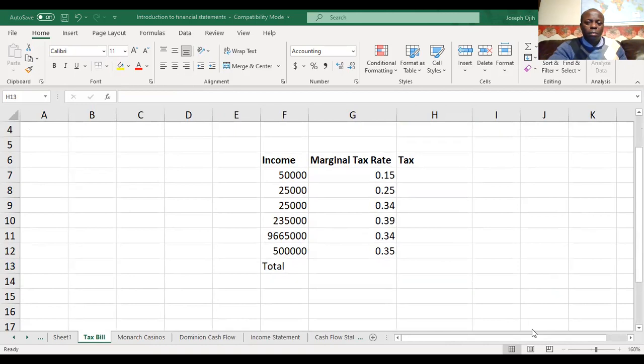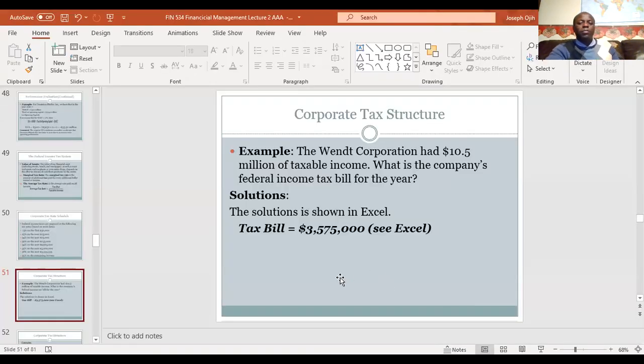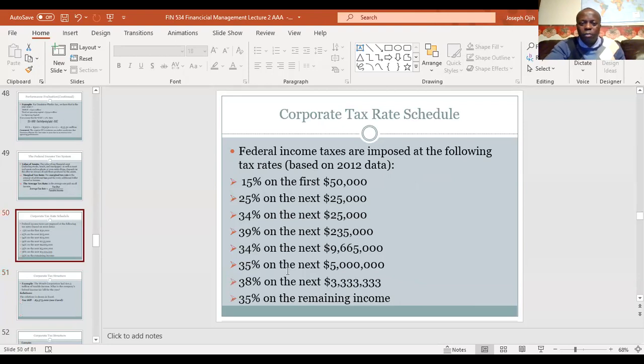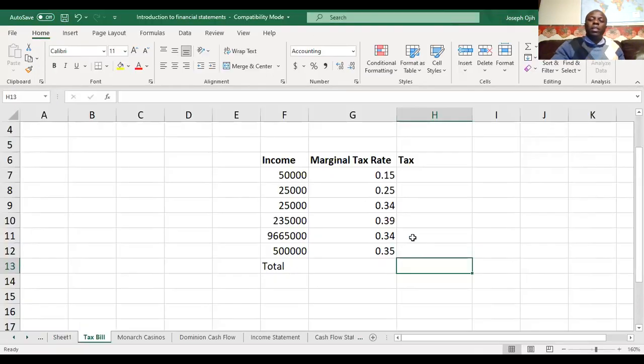It makes 10.5 million. So we start from the structure here. For the first 50,000, it will tax 15%. For the next 25,000, it will tax 25% on that extra 25,000, and so on and so forth. So we follow it right here until we have all the money that they make.